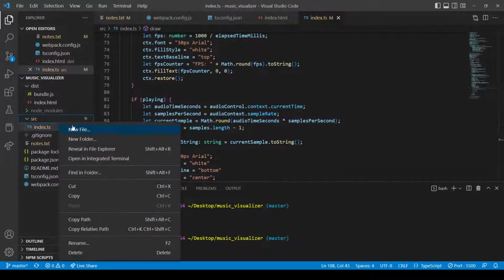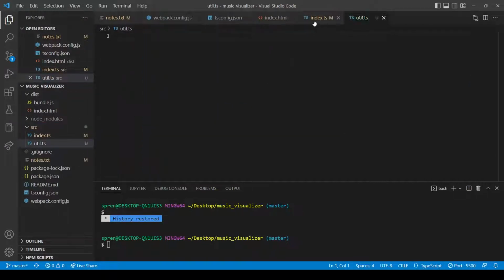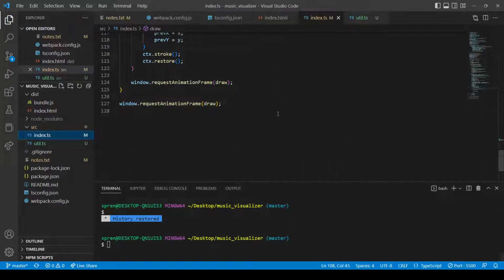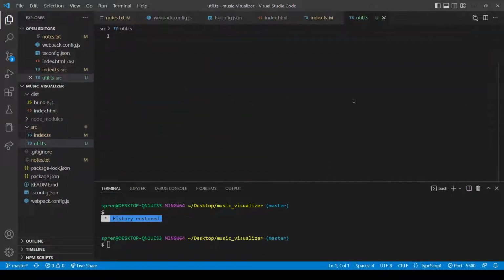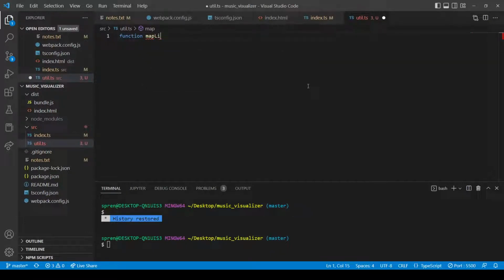I always end up making this the natural progression of my project: I first write everything in the index.ts and then I make a util, and then it's all downhill from there. Let's see.